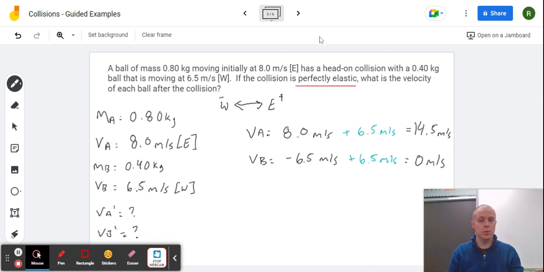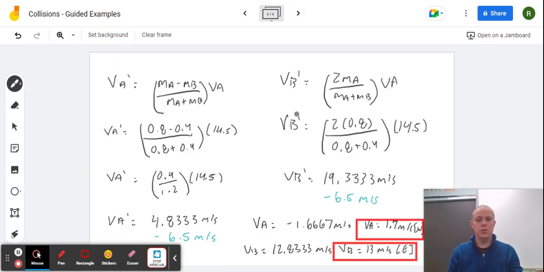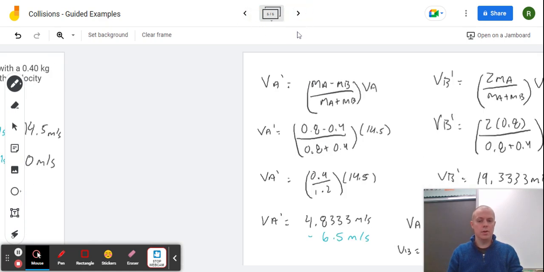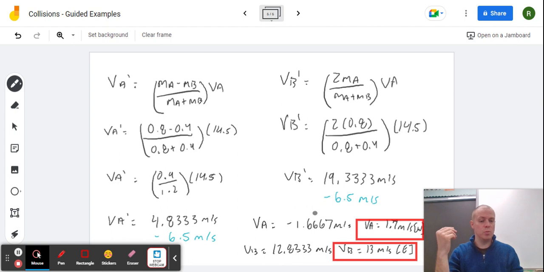Once I have VB equals 0, I can use these little shortcut equations where the math is much simpler, much easier, and I get my answers. The only thing I have to make sure of is that because I made a change at the start, I need to make a change at the end. Because I added 6.5 in this step, I need to subtract 6.5 in this one.